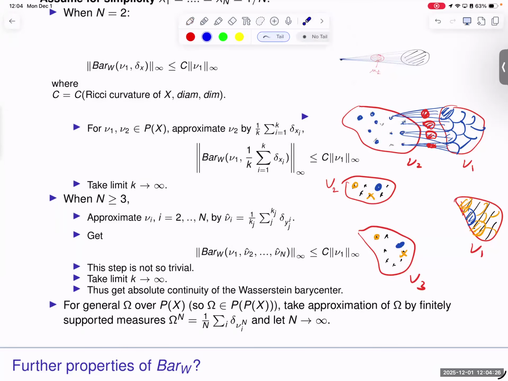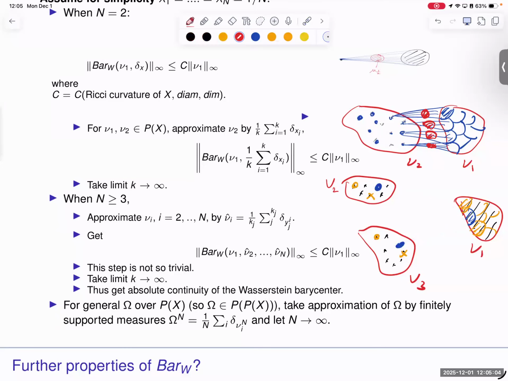Because you have more marginals, the partition will be more complicated, because you have different combinations to match with these points. But still you have some kind of correspondence between this and this and this.